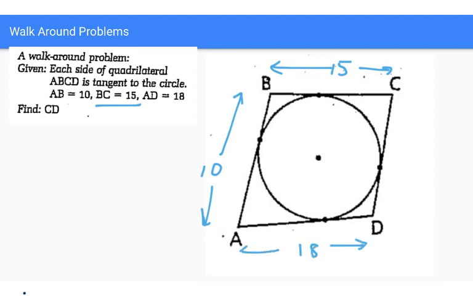And at first you might think, well, I really can't figure out the length of CD. I don't know how to do that. But this theorem that we learned last week about these segments drawn from a point outside the circle to the point of tangency being the same length is actually really key to solving a problem like this. So this one's congruent to this, and so on.